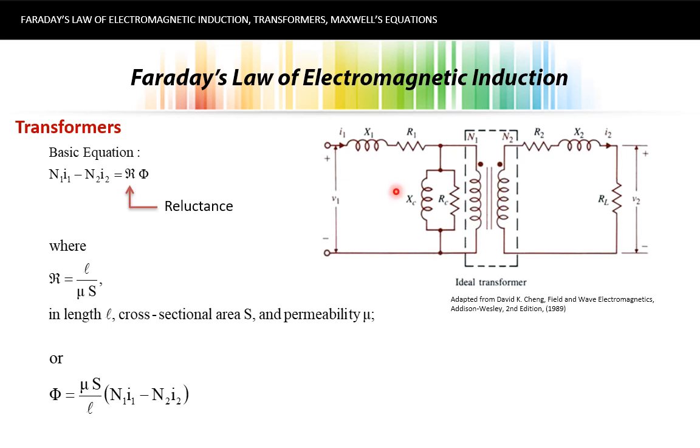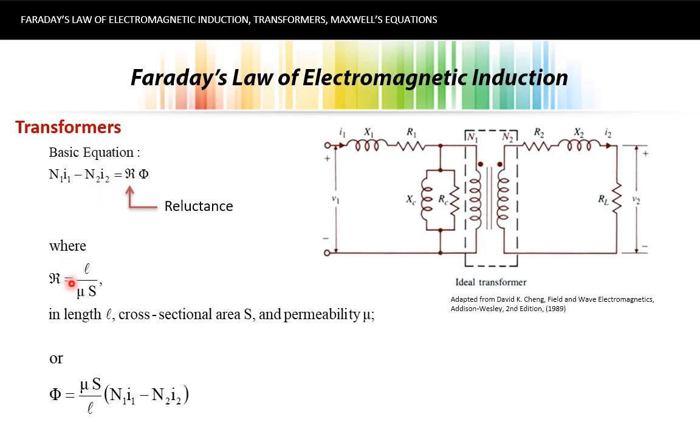The basic equation for an ideal transformer can be written in the following form: N1 times I1, where N1 is the number of turns in circuit 1 and N2 is the number of turns in the second circuit, with the current I2, is equal to R times phi, where R here is reluctance.